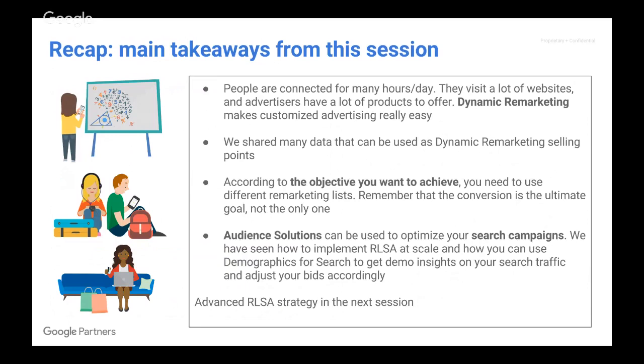That's going to impact whether your campaign has impressions or not. Then we saw that both RLSA and demographics for search ads were extra signals that you can use in addition to your keyword strategy.